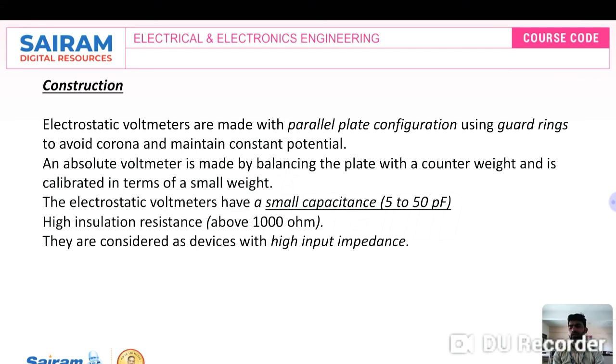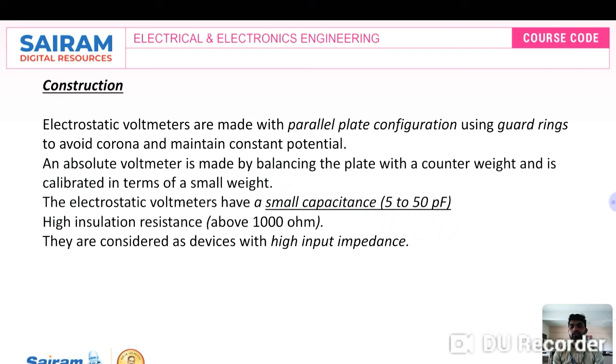For the deflection of that pointer, the electrostatic voltmeter has a small capacitance of about 5 to 50 picofarad, not more than that, based on the requirement. It has high insulation resistance, above 1000 ohm.